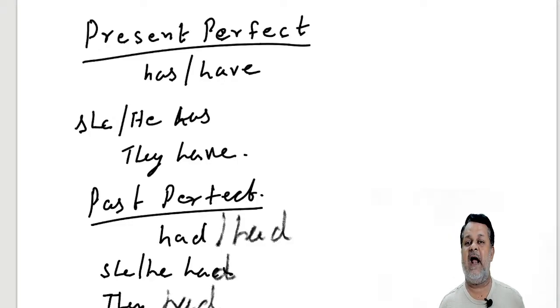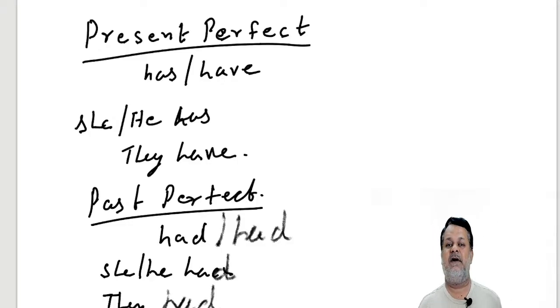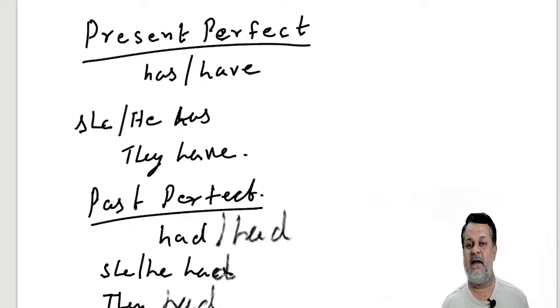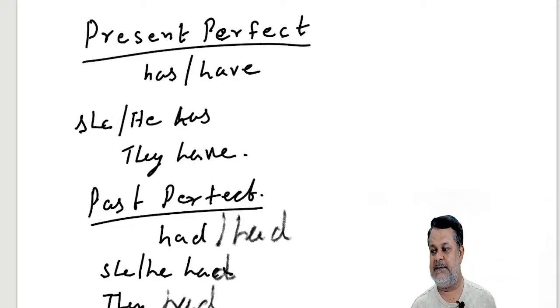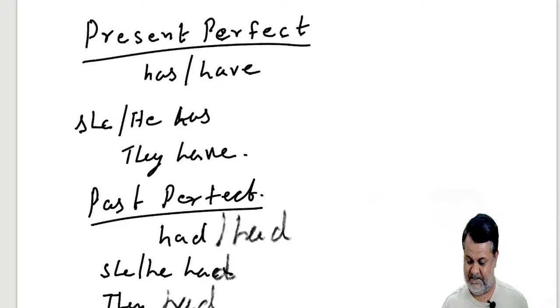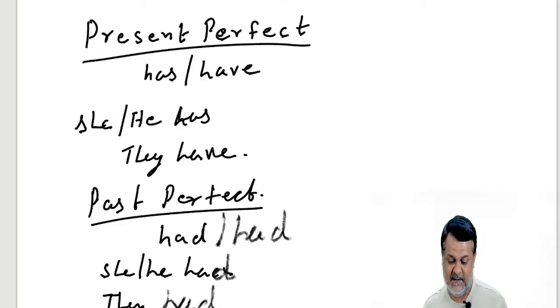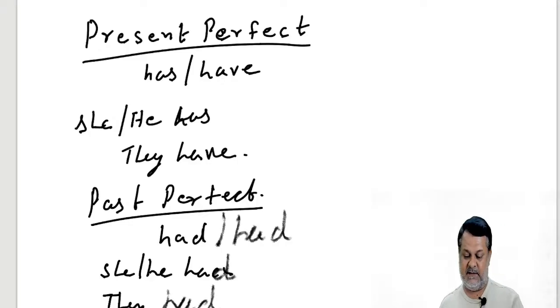So she had learned music before she began learning the dance. So that is past perfect. So they had. That's how it will become.